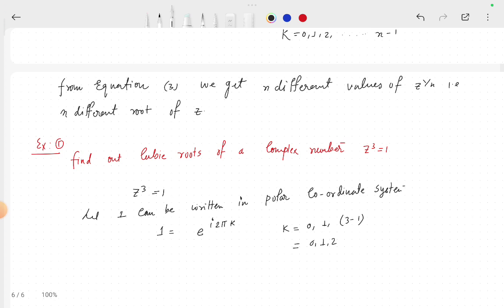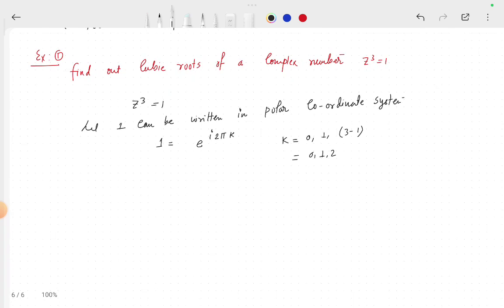I had already discussed that. Very good. So z cubed equals e to the power i 2πk, and z equals e to the power i 2πk upon 3.